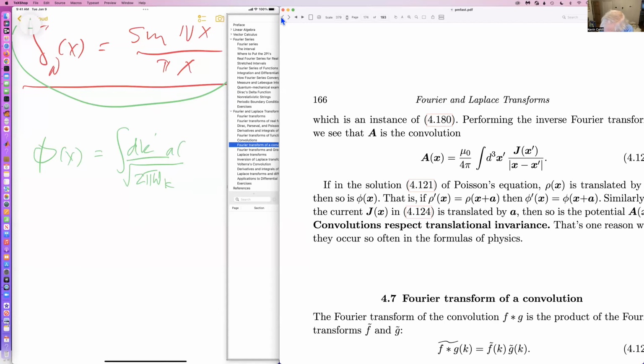So delta of k minus p. So you have these annihilation and creation operators, and you write the field like that.